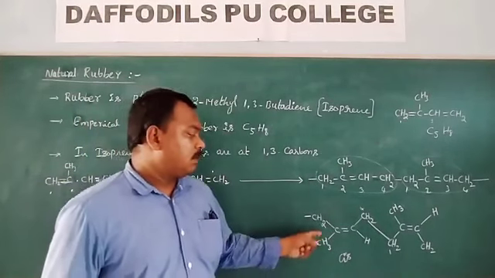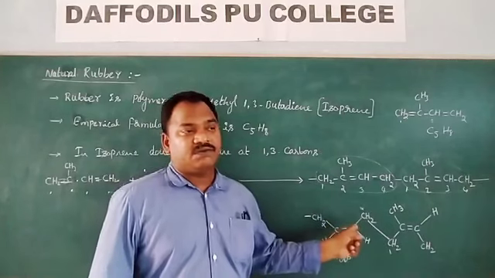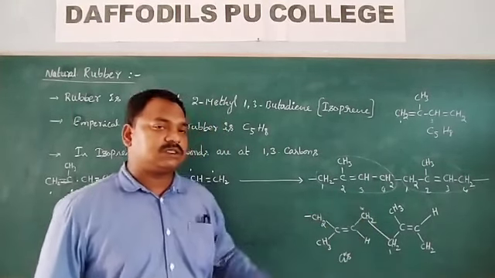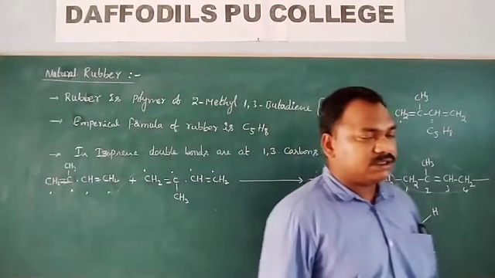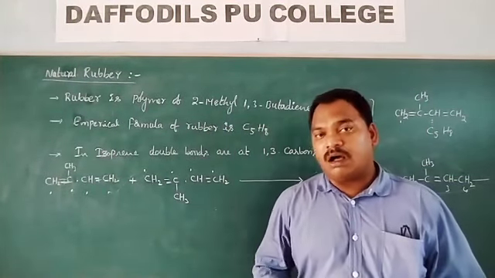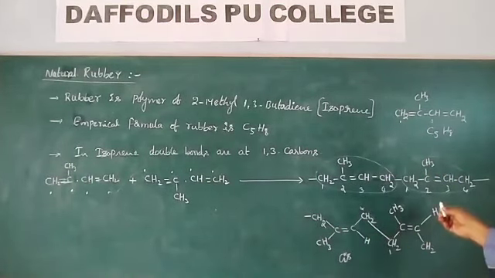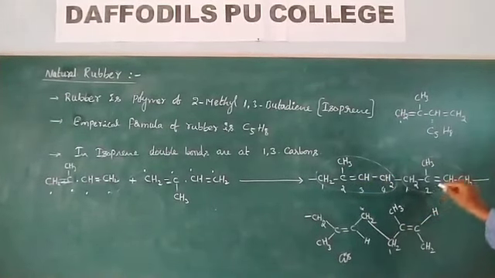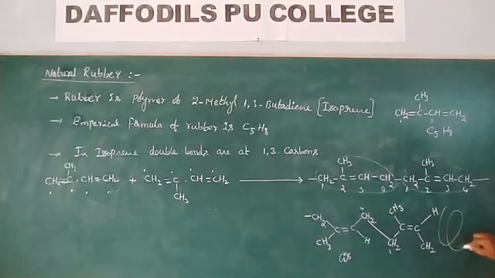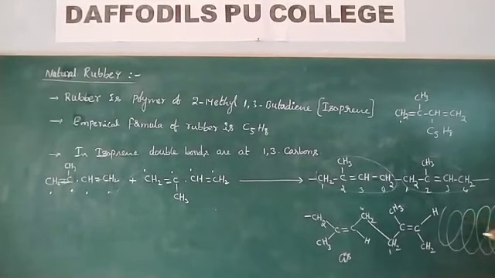Again, in rubber, all these cis configured isoprene units are in coiled form. All these units are coiled like this.